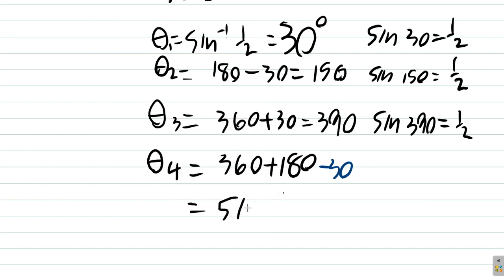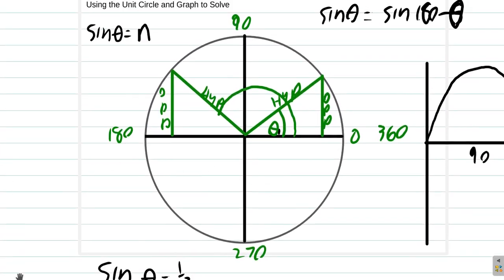Now, notice when we do that, we're lining up with this triangle because we go 360, 180, and back off. So we back off 30. So it's the same opposite over the hypotenuse.